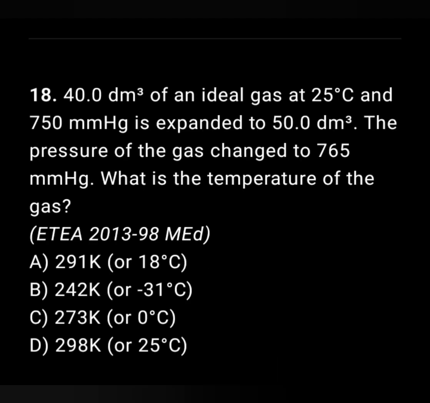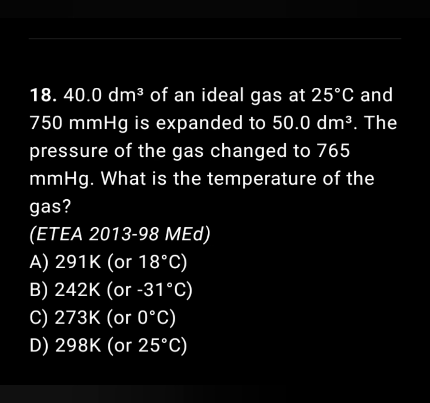18. 40.0 cubic decimeters of an ideal gas at 25 degrees Celsius and 750 millimeters of mercury is expanded to 50.0 cubic decimeters. The pressure of the gas changed to 765 millimeters of mercury. What is the temperature of the gas? ETEA 2013-98 Med. A. 291 K, or 18 degrees Celsius.